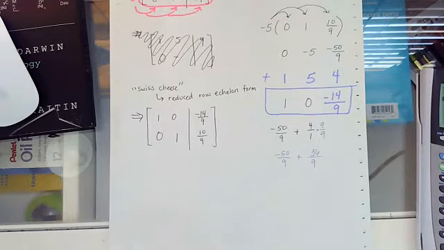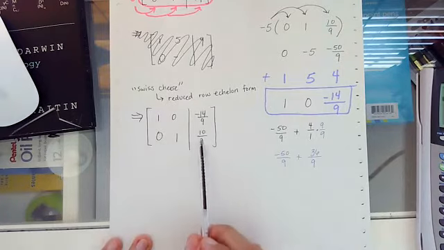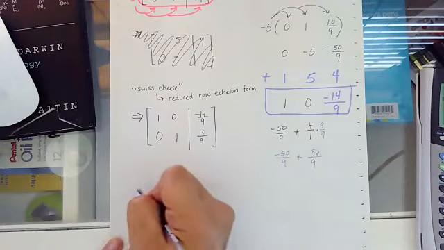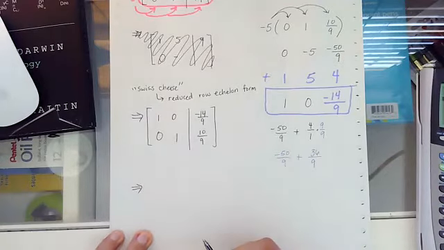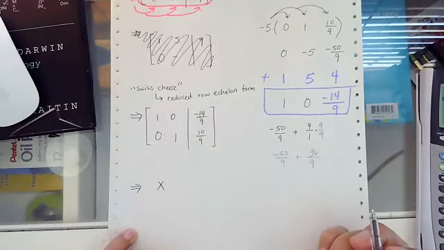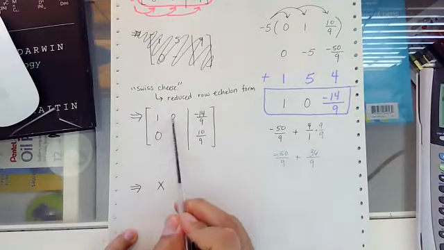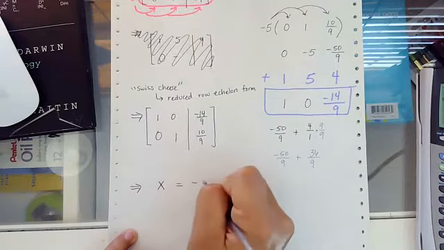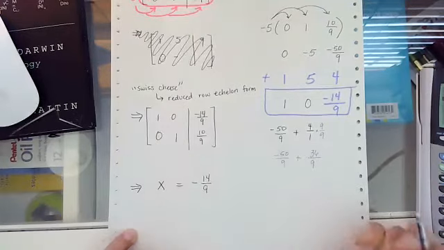Okay. Can anybody take this matrix and turn it into a system of equations? x equals -14 over 9.